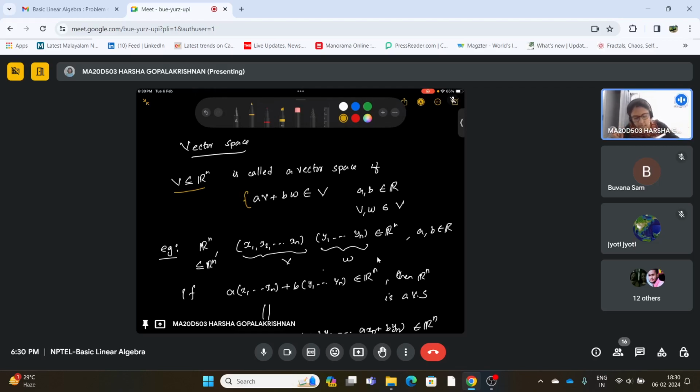That condition is stated below: aV plus bW belongs to V whenever a, b belong to R. A and b are real numbers, and V and W are elements from the set V. Okay, set V we have taken here.